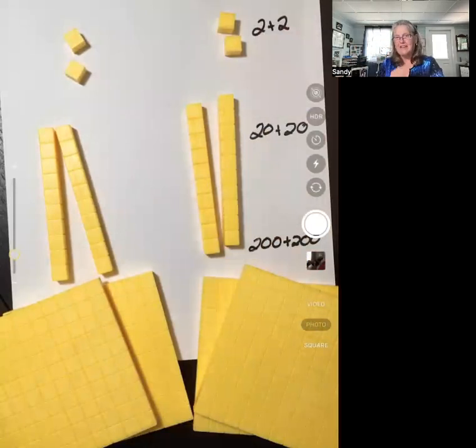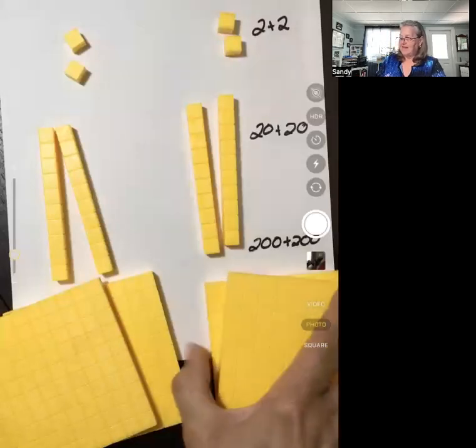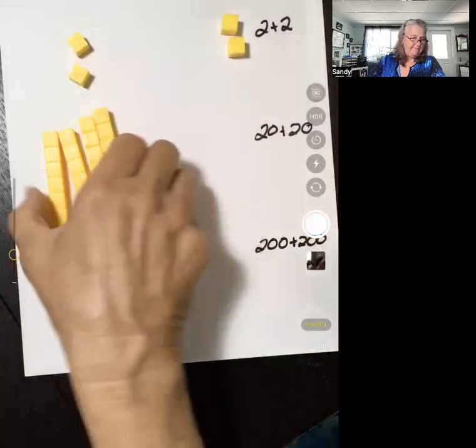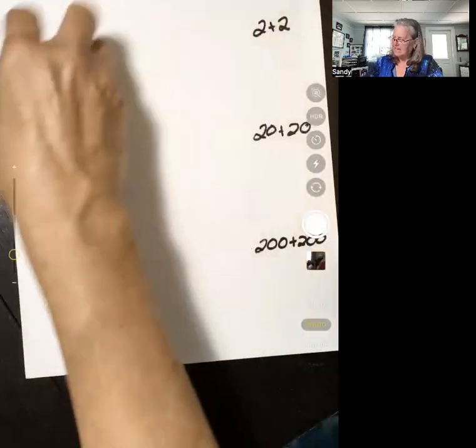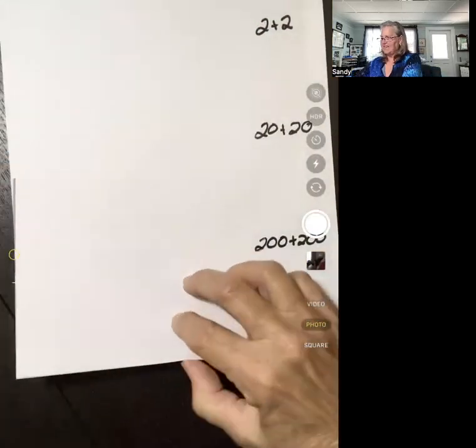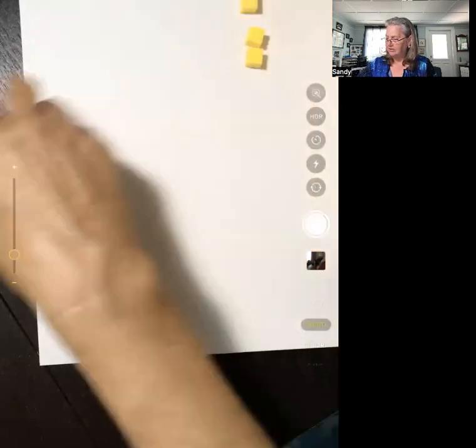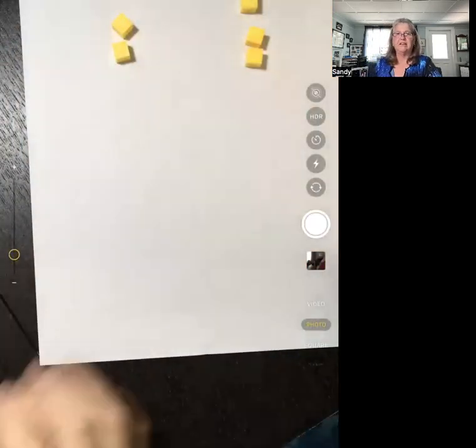Once I get the pattern of what's going on, I understand that the size of the units is getting larger. I can use this and just continue on with that. Okay, so same idea. Let's say I change it up a bit. Let's say instead of double 2, I can do 2 plus 3.